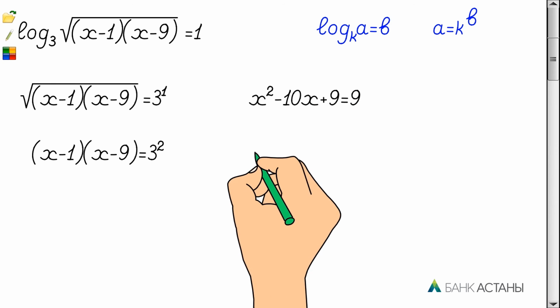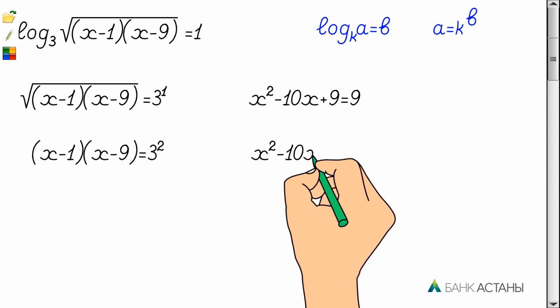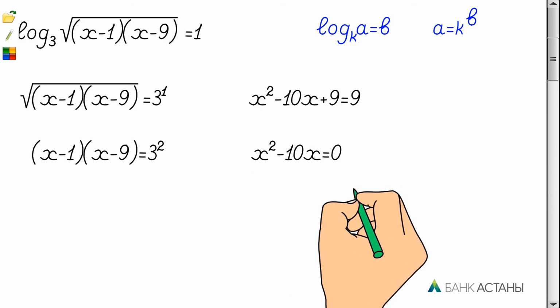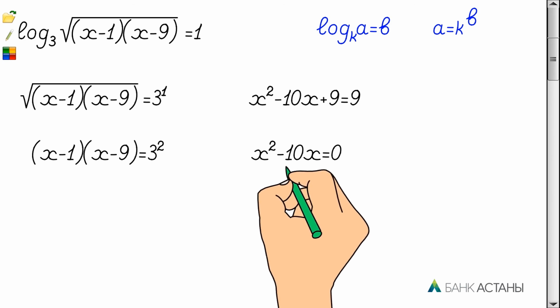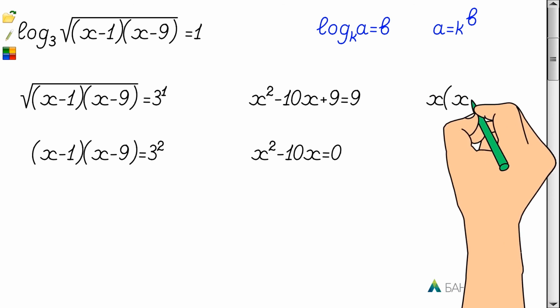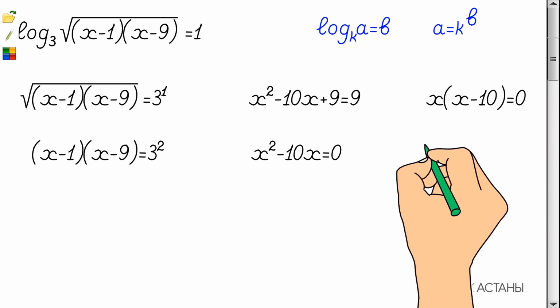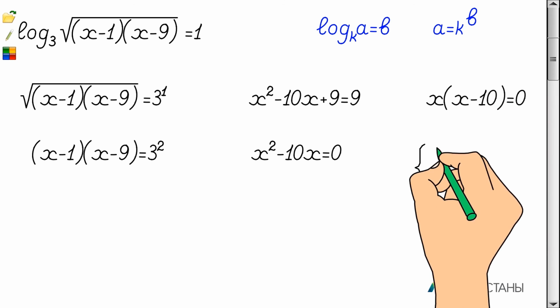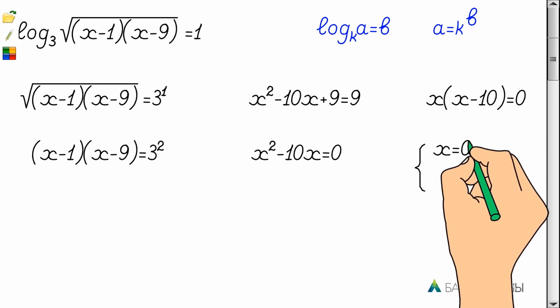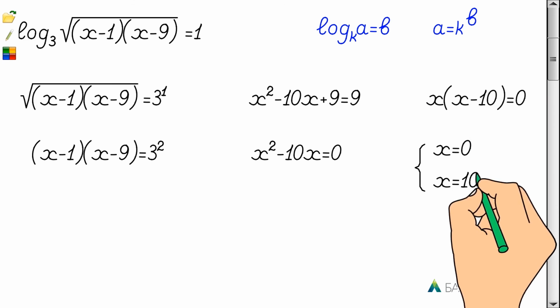Simplifying the equation, we get x squared minus 10 multiplied by x equals 0. We take the common factor, x. X times x minus 10 is equal to 0. We have obtained two solutions. X is equal to 0, and x is equal to 10.